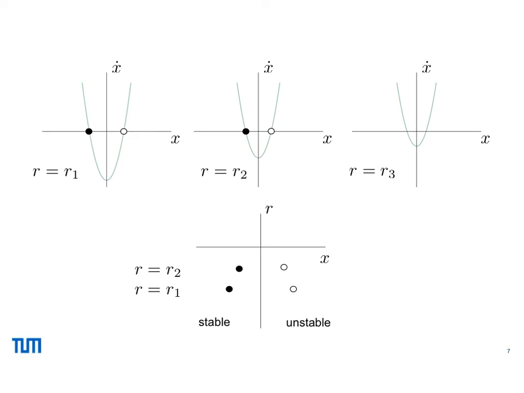You can see that these two fixed points are approaching each other. They keep approaching, and at r equals 0, you will have just a half stable point. So you just join the dots with a line, and you can see this kind of situation.